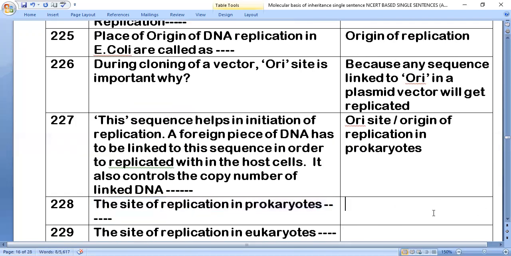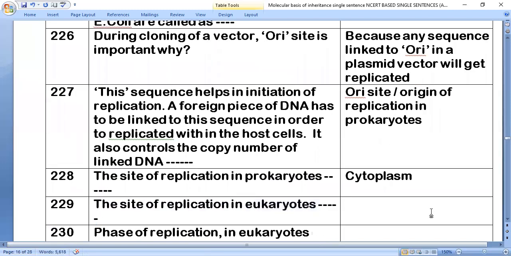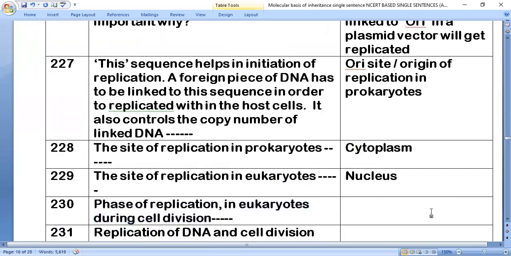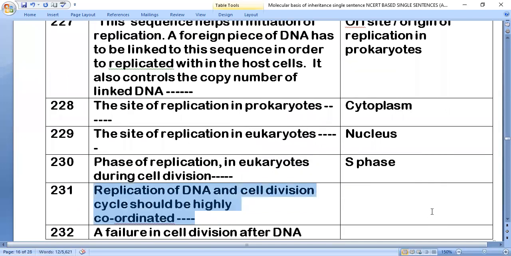The site of replication in prokaryotes is the cytoplasm. The site of replication in eukaryotes is the nucleus. The phase of replication in eukaryotes during the cell cycle is the S phase. Replication of DNA and the cell division cycle should be highly coordinated in eukaryotes.